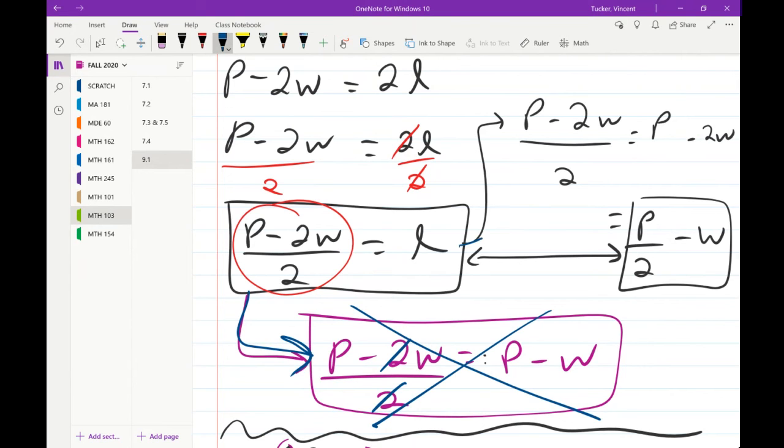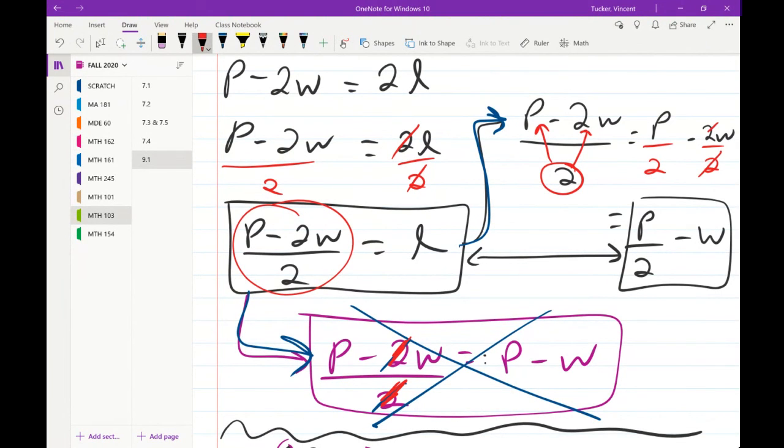If you want to keep going, you would do P minus 2W over 2, and this 2 has to go into each term. It can't just cancel out into the W and then not have any effect on the P. When you go to the next step, you have P over 2 minus 2W over 2.